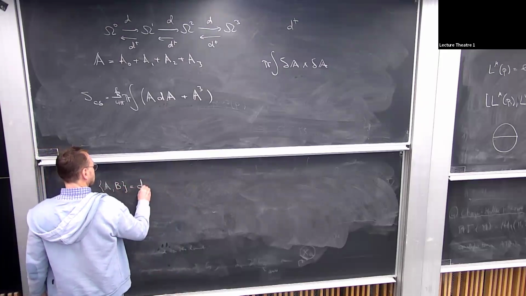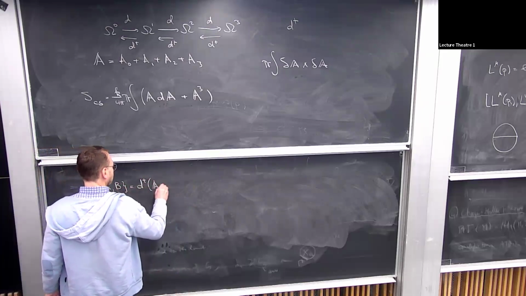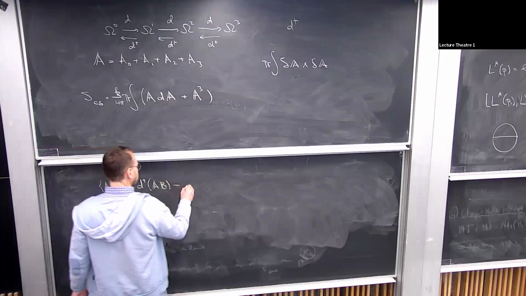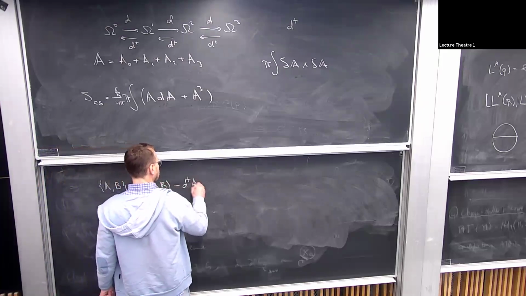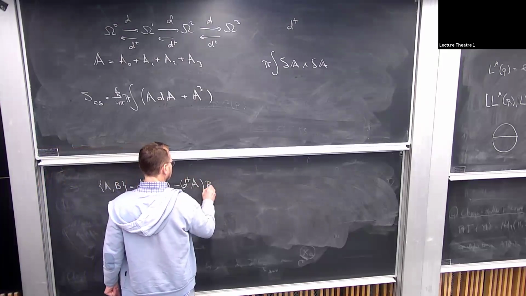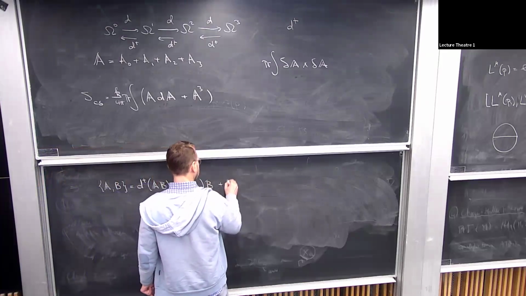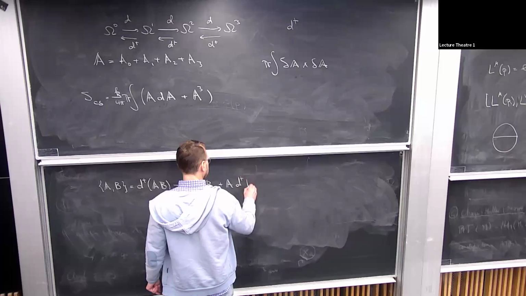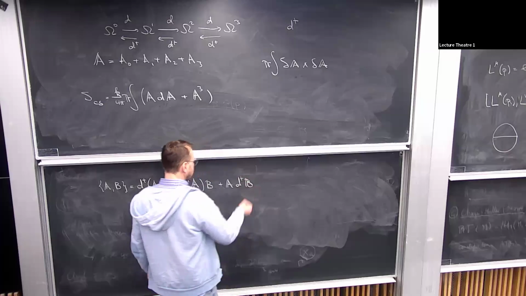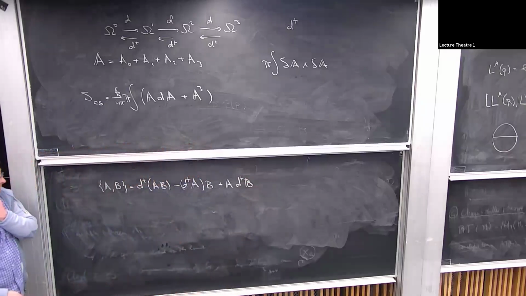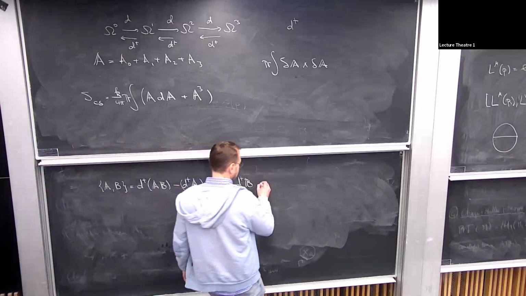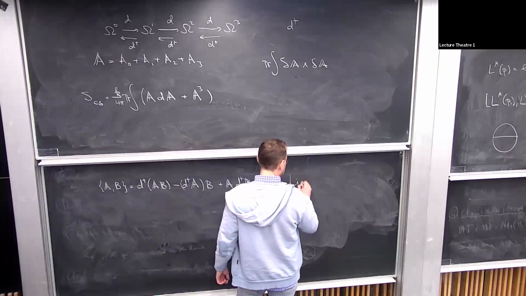I take d-dagger of AB minus d-dagger of A times B, and then plus A times d-dagger of B, right? So if it were a derivation, this would be 0, but it's not a derivation. So it's actually a Lie bracket.